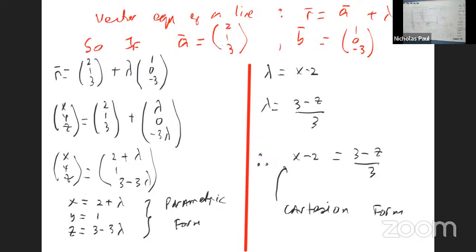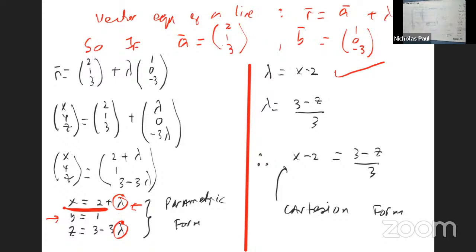Going over the Cartesian form again: to get the Cartesian form, all you're doing is making lambda the subject of the formula in each one. So lambda here is x minus 2. That's how I got that. There is no lambda in the second part, so that part is 0.